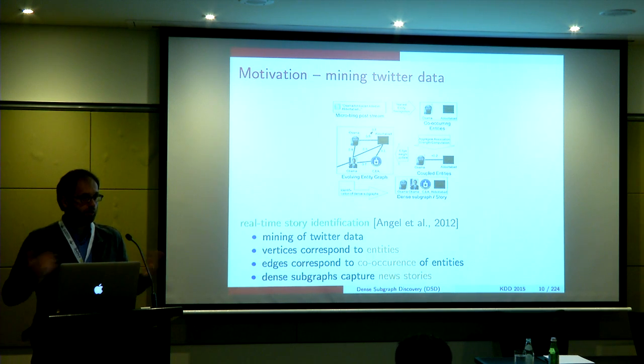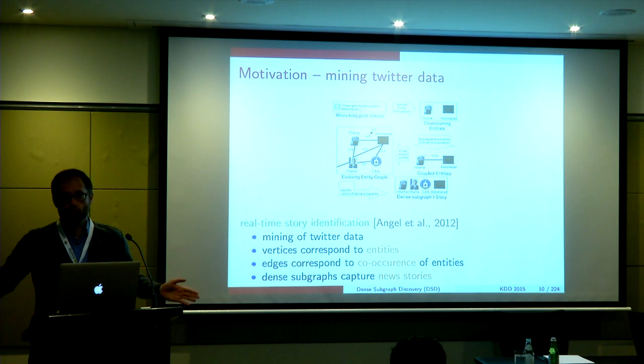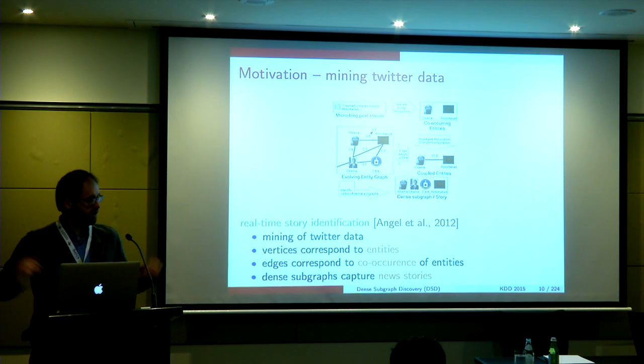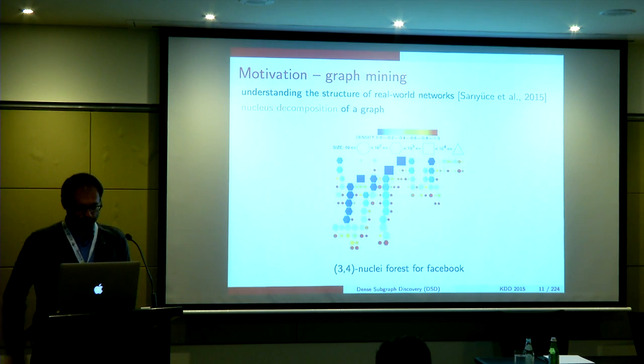I want to build an application that is standing and processing the Twitter stream and generates these real-time news stories as I go. Okay, so this is the setting. So I'm now interested in this dynamic part of the dense subgraph identification that I talked about before.